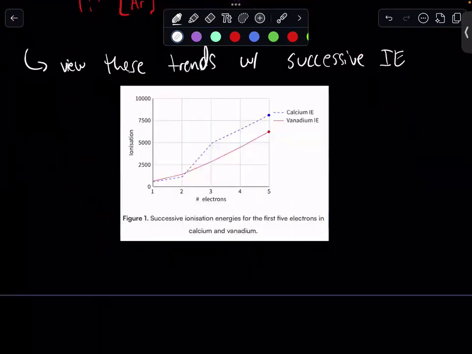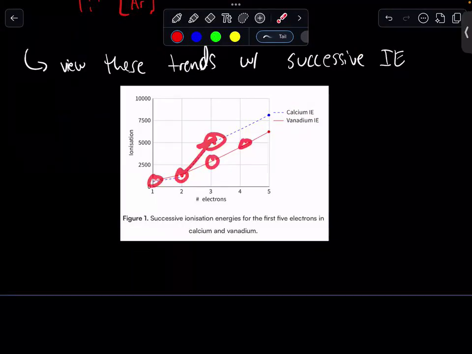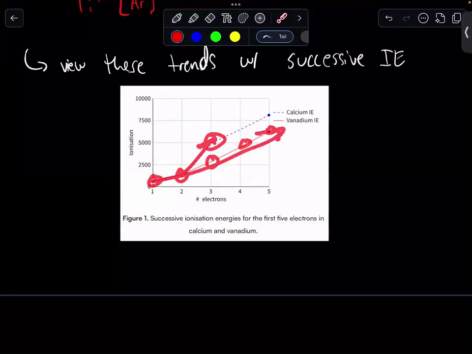When we look at vanadium, our transition element, and compare it to calcium, you'll notice that while the first two removals are pretty similar, calcium will jump up in energy, while vanadium stays on a pretty continuous trend all the way, which allows us to remove each successive electron a little bit easier. We can actually remove 4 electrons for less energy than the third electron of calcium.